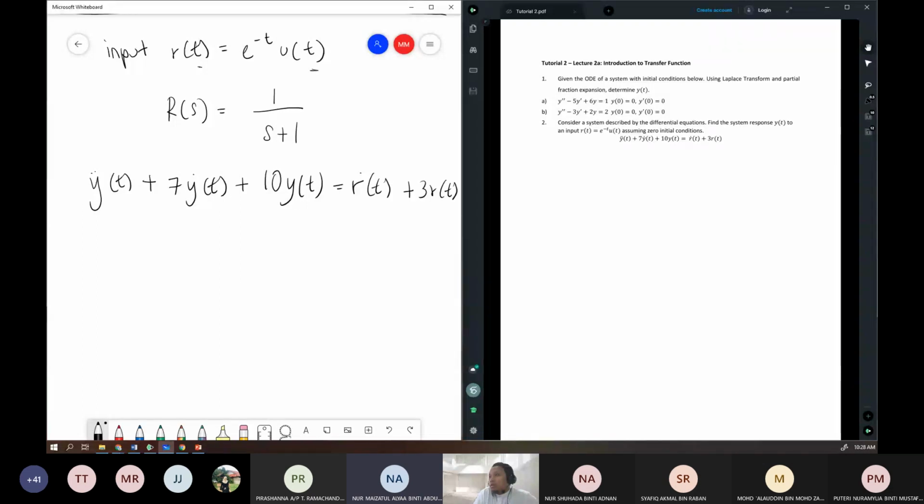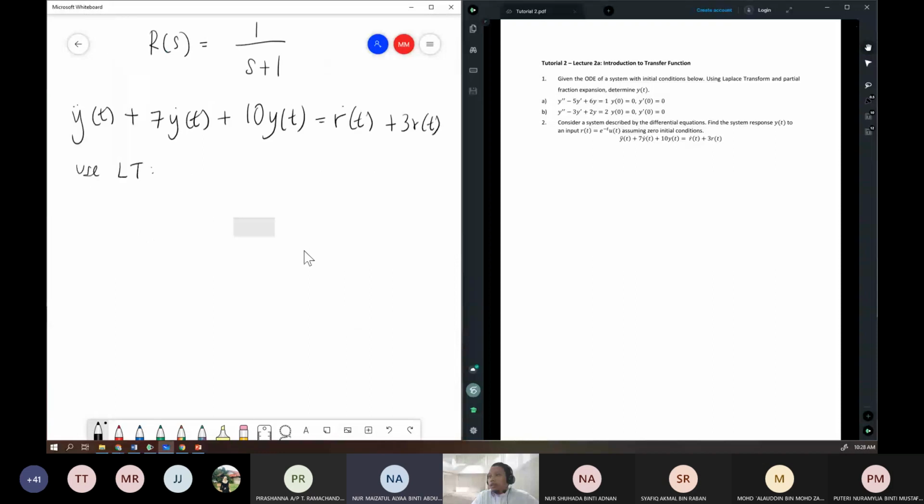So we get s squared Y(s) plus 7s Y(s) plus 10 Y(s) equals, so r dot becomes sR(s) plus 3R(s).